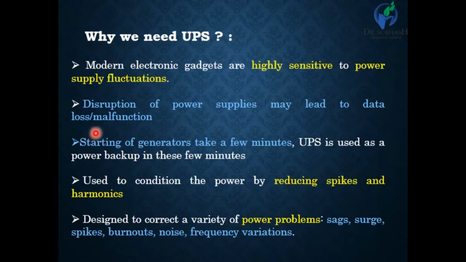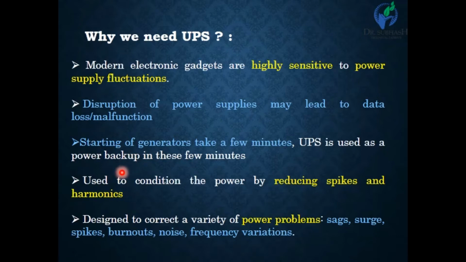If there is an interruption in power supply, we have a generator, but the generator takes a few minutes to start. At that time, computers and medical equipment are closed or shut down. So at that time, UPS is used to provide continuous power to the medical equipment and computers.